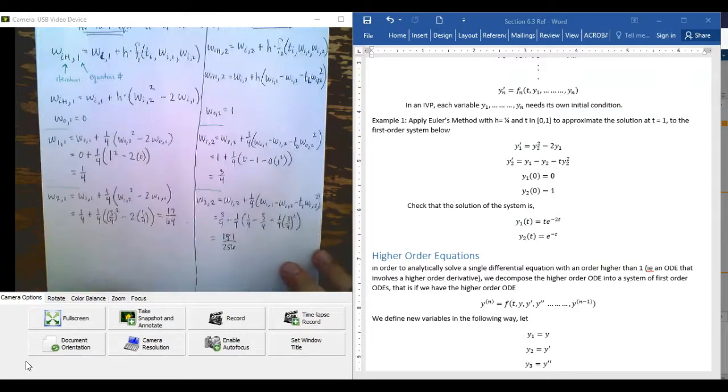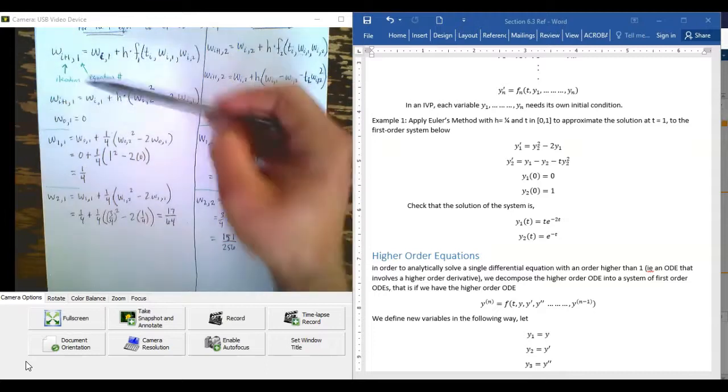Now, when we know to stop depends on the problem that we have at hand, right? In this case, notice that this side is dependent on t, so we have the approximation.